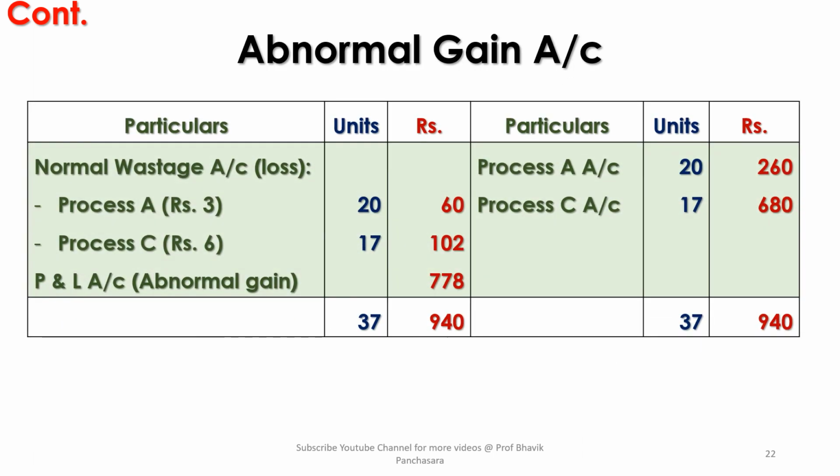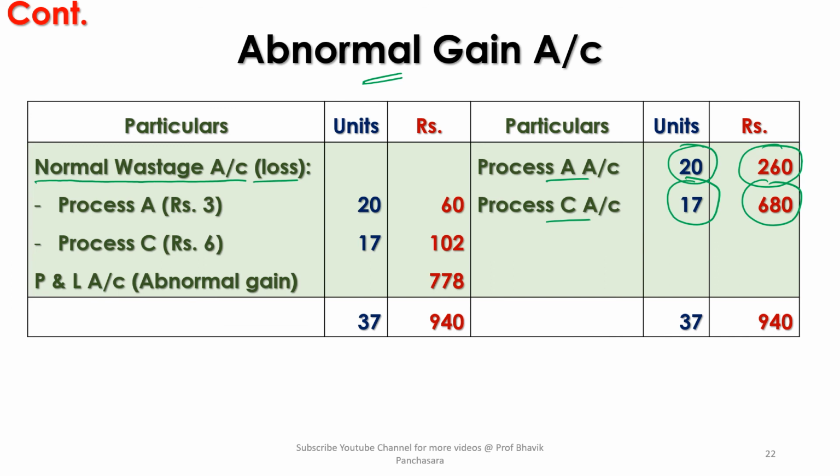After that, friends, we will prepare abnormal gain account. So first of all, here again we have to find out the gain in which processes we recorded. So we recorded a gain in process A as well as in process C. So we will put here the same units and the same amount that we had shown in both the processes. Now we will move to the debit side. So here we will write normal wastage account loss. Why? Because this is the gain.